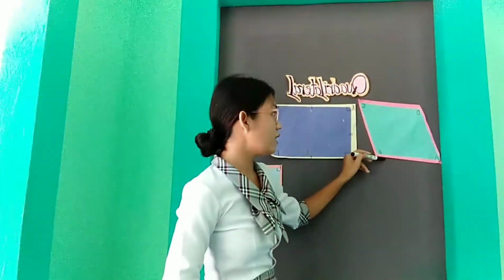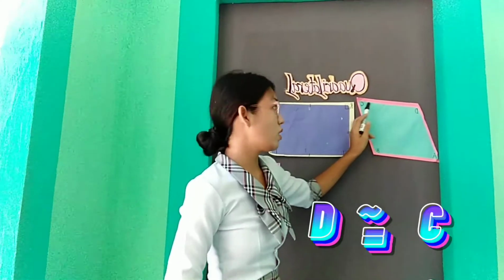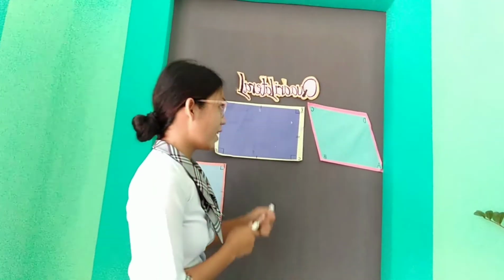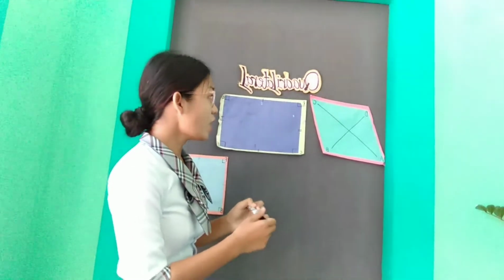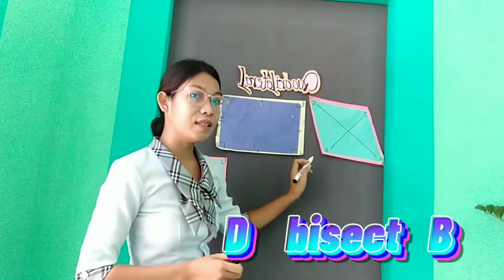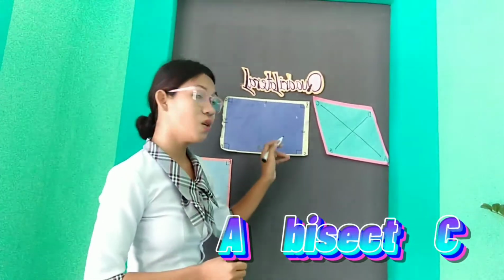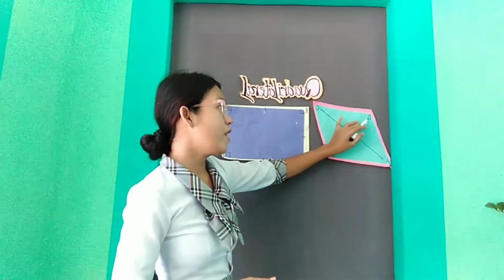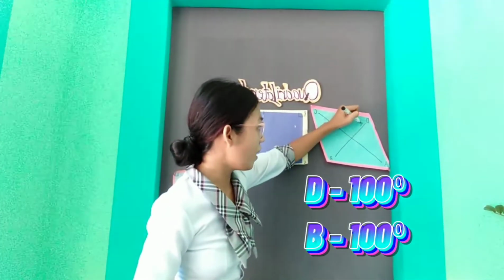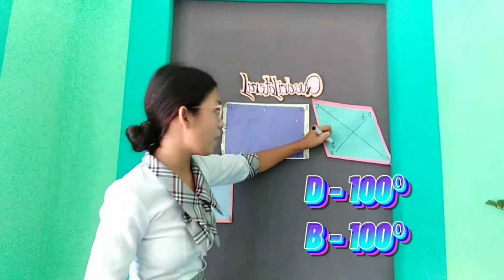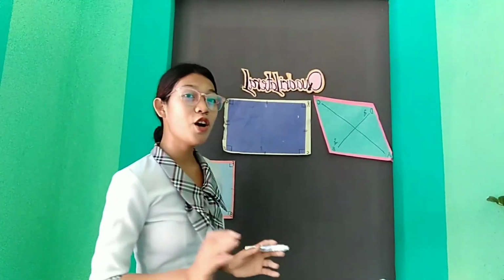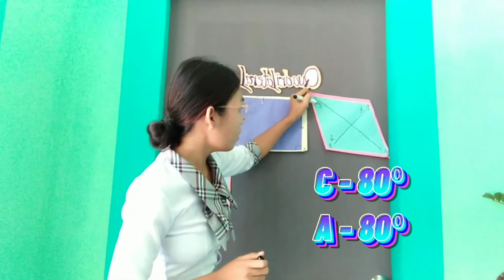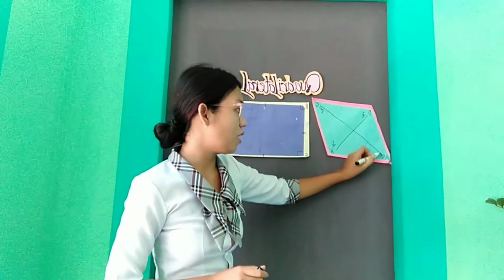So we can write D is congruent to B and A is congruent to C. The diagonals bisect each other. If the value of D is 100 degrees and B is also 100 degrees, what is the value of C and A? The value of C and A is 80 degrees and 80 degrees also.